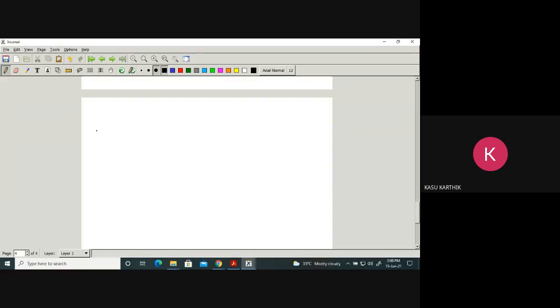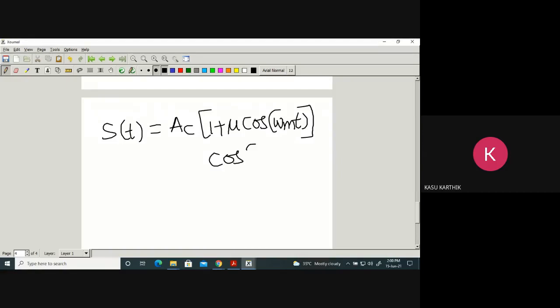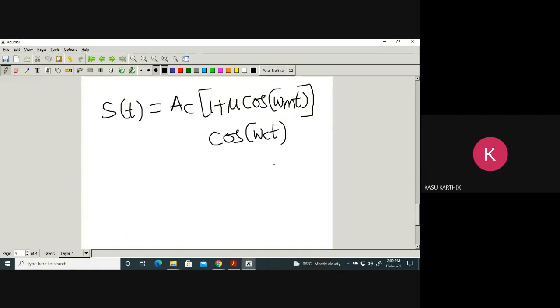Let me write here: S of t equals Ac into 1 plus mu cos omega mt into cos omega ct. So this is the amplitude of this signal. Now, what is the maximum amplitude, E maximum?